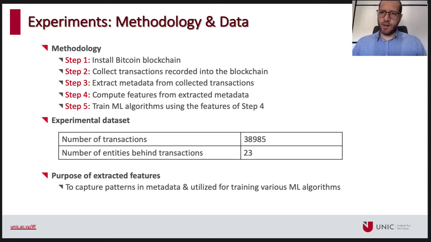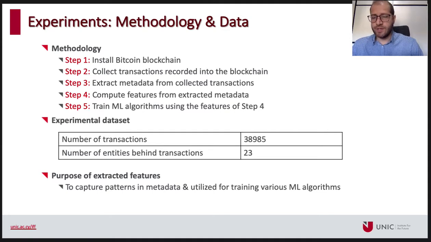So in this paper, we are presenting a methodology for this first experiment on whether we are able to use machine learning or other algorithmic approaches to reveal more insights with regards to transacting entities. We have been using a published dataset that contained approximately 39,000 transactions, and these transactions were issued by 23 different entities.